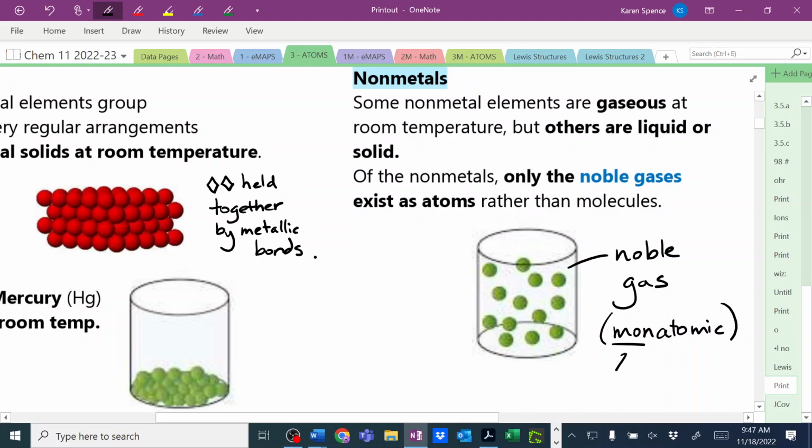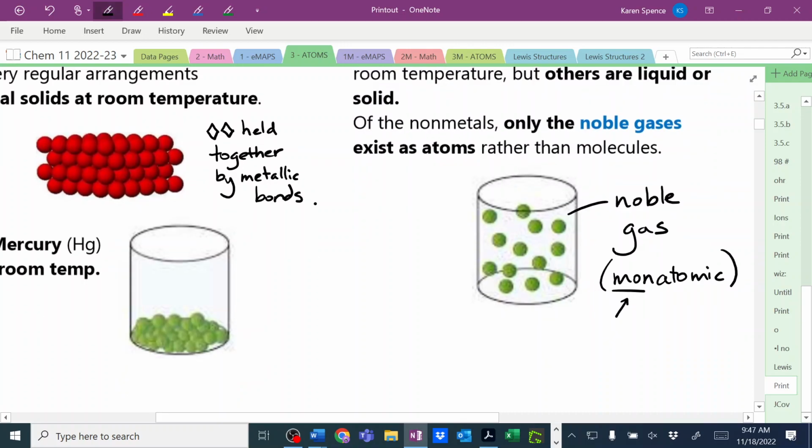What does mono mean? Di means two, mono means one. So these are monatomic because they are made of one atom.